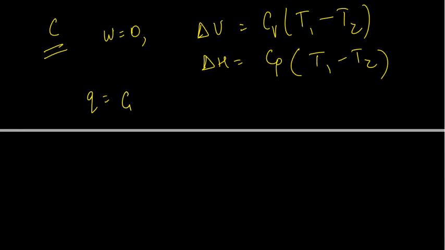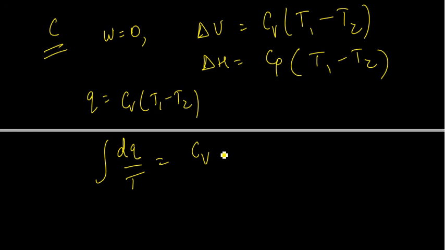Q would be CV T1 minus T2, right? And this fellow, CV ln T1 by T2. Okay.